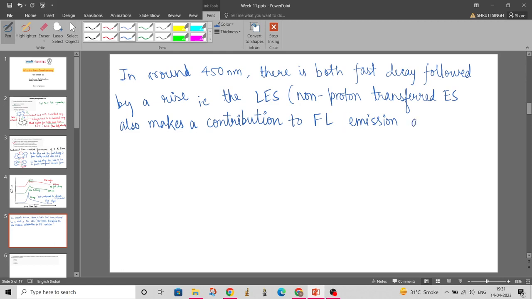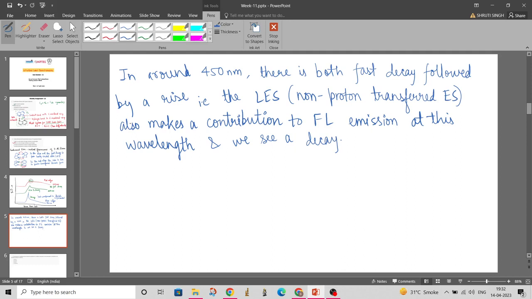Contribution to fluorescence emission at this wavelength. And we see a decay.